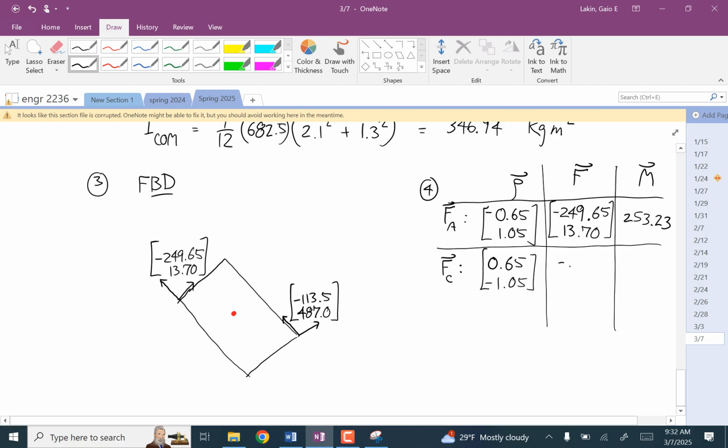And the force vector is negative 113.5, 487.0. And you get positive 197.38.